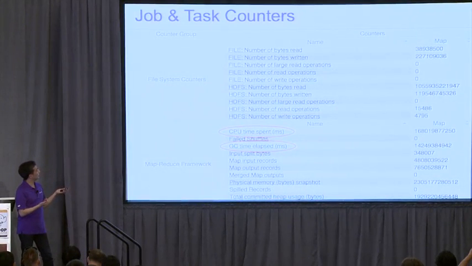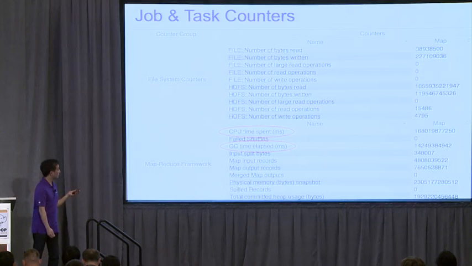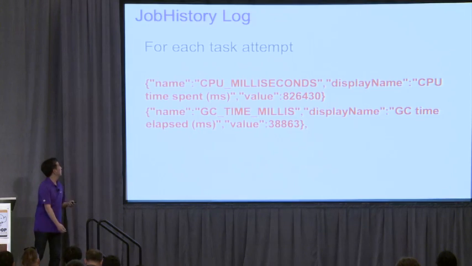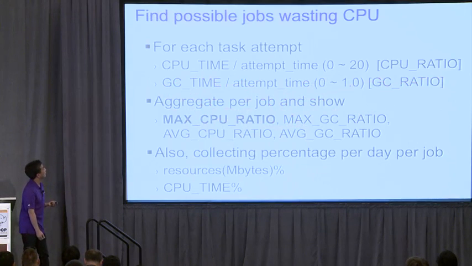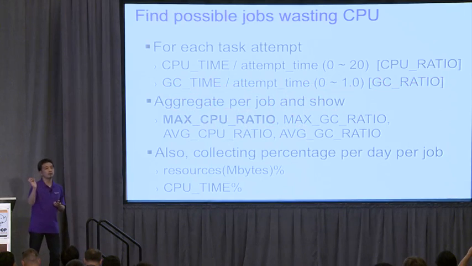There's a counter called CPU time spent, or GC time spent. Using these counters, which are also available in job history, I started gathering the time spent on CPU divided by the time the attempt ran, and the time spent on GC divided by the attempt time.